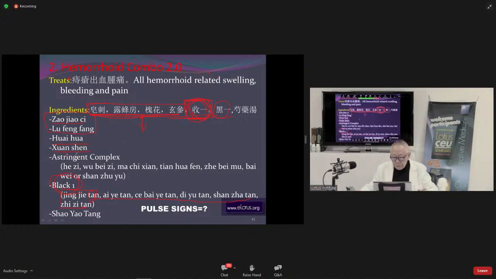But the most interesting is the 芍药汤. Why do I use 芍药汤? Can anybody tell me? Anybody know why I'm using 芍药汤? Nobody knows?